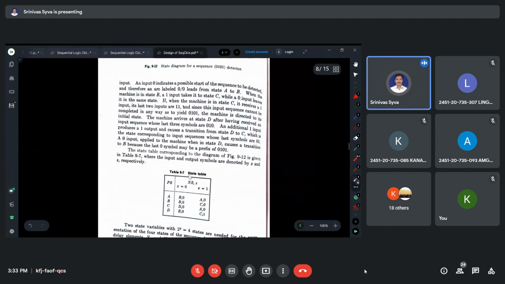See, present state, next state, and output when x is equal to 0, when x is equal to 1. So in the state table, the first column is present state. Present state is A. When x is equal to 0, that is, input is x. Our sequence detector is like this, with input x and output z.